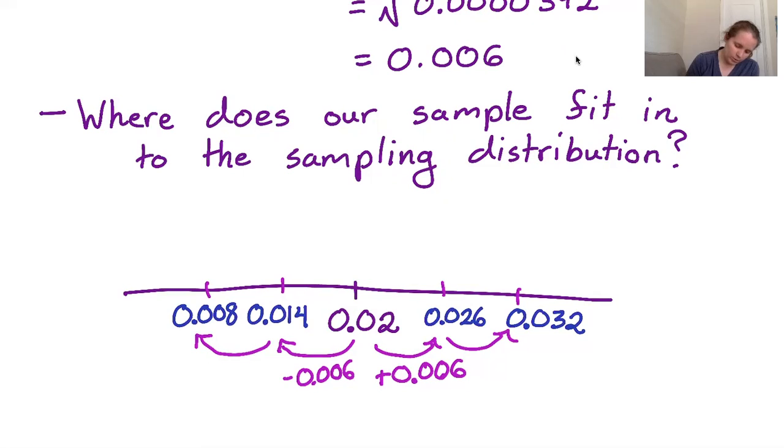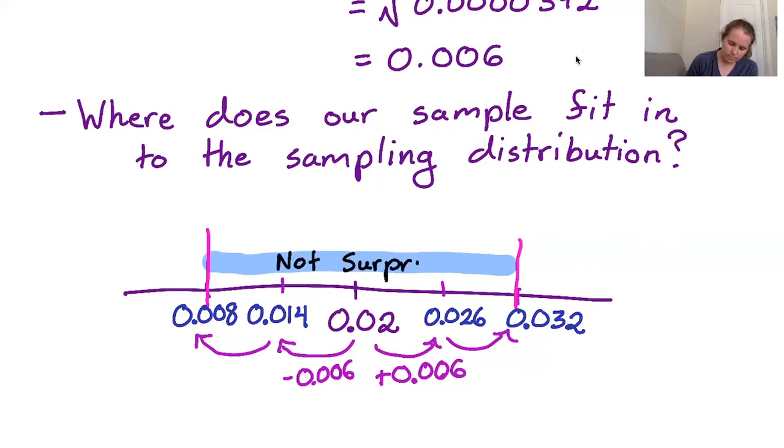So anything between 0.008 and 0.032 is considered to be expected or not surprising. And then anything on the outsides, more than 2 standard deviations away, is considered to be surprising.